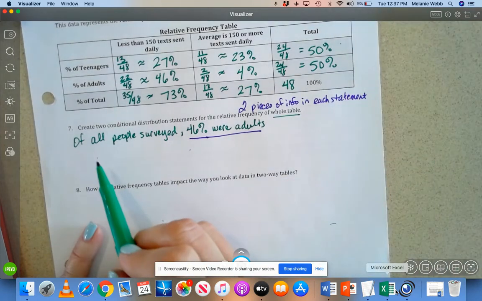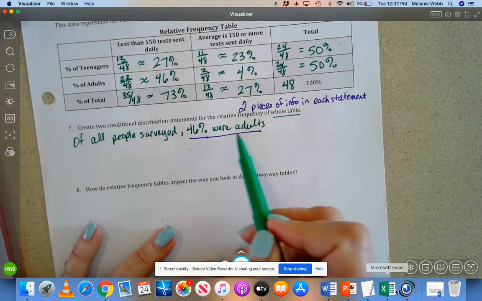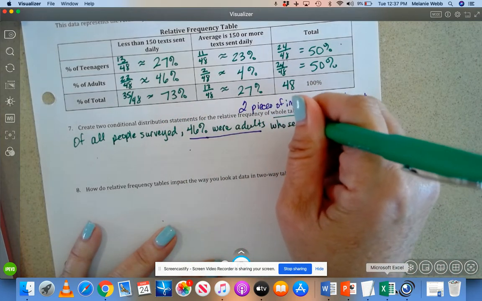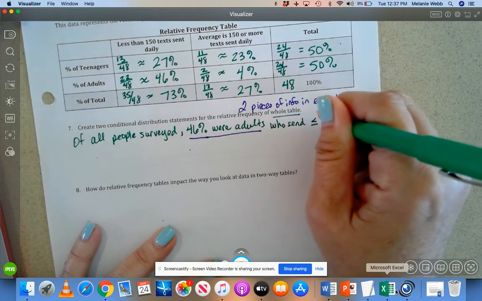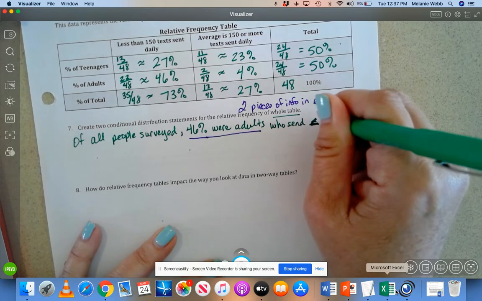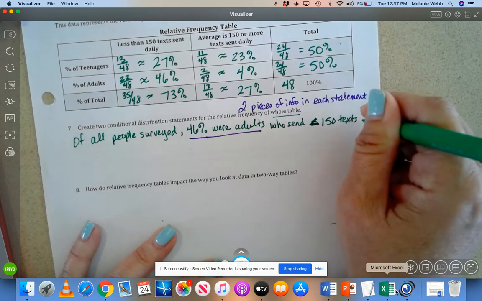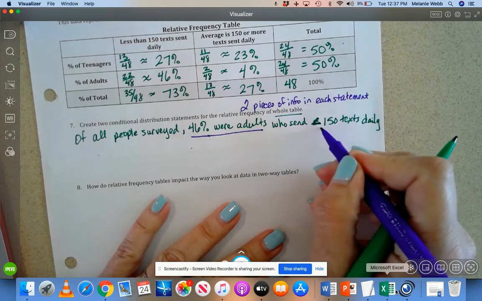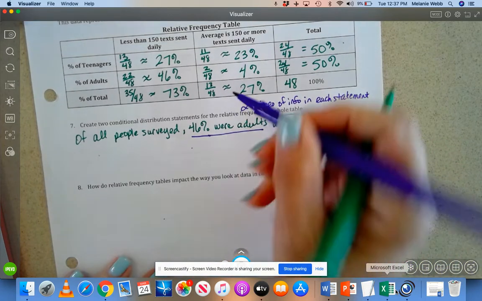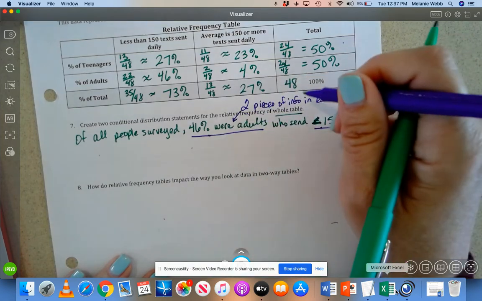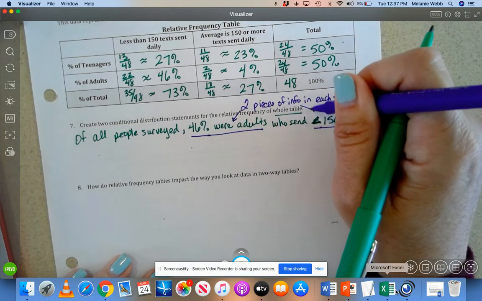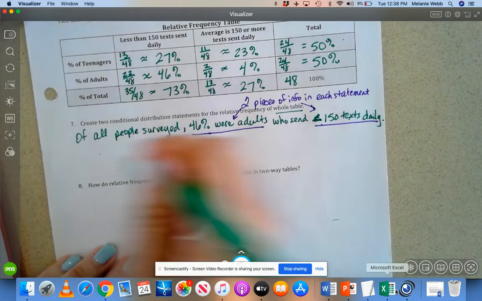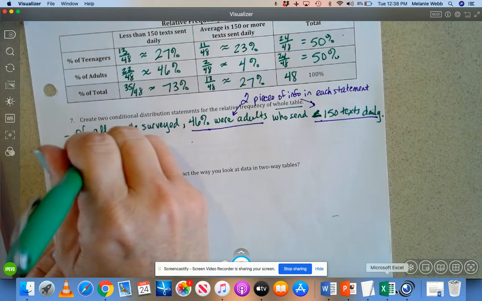Of all people surveyed, 46% were adults who send less than 150 texts daily. There's my second piece of information, my second sort of identifier. So I have two pieces of information: adults and less than 150 texts daily. So that's one statement. My next statement is also going to start with "of all people surveyed."